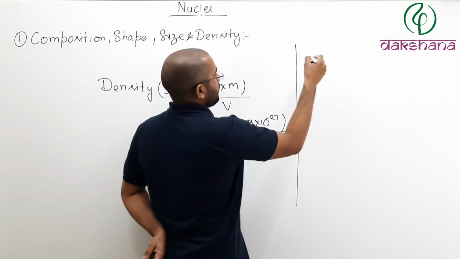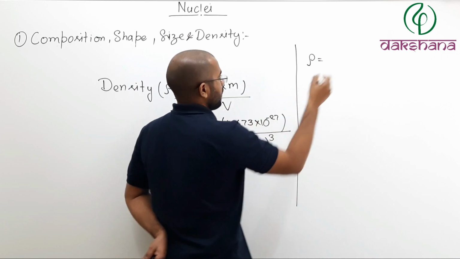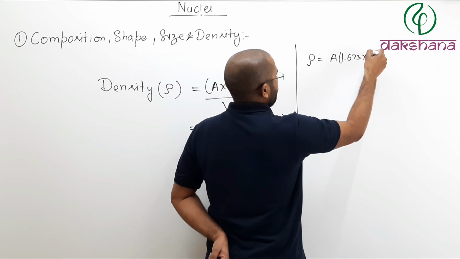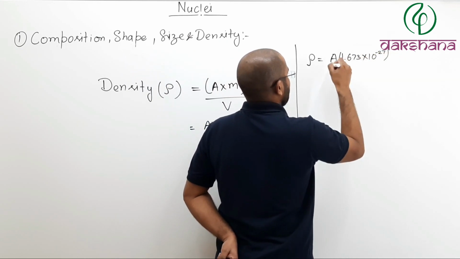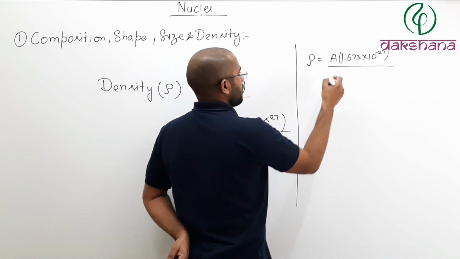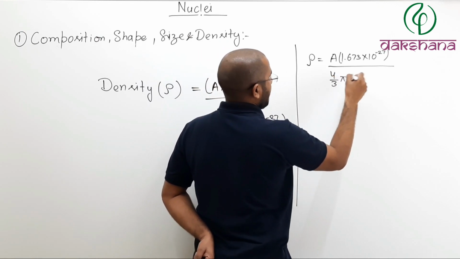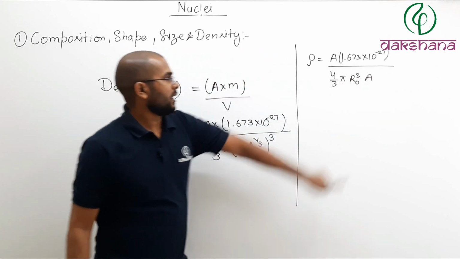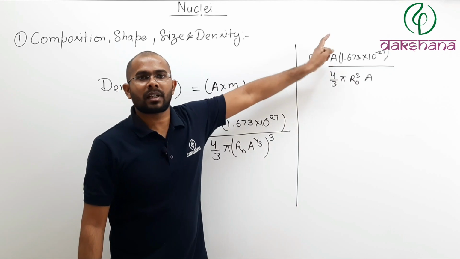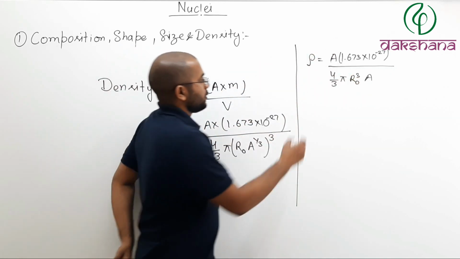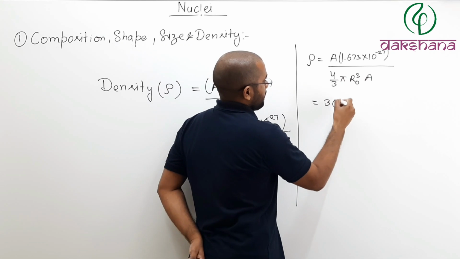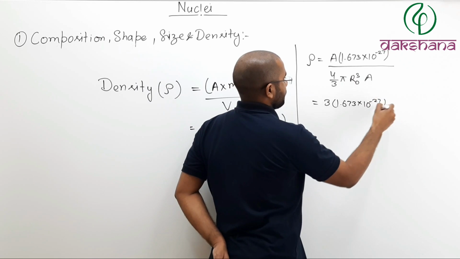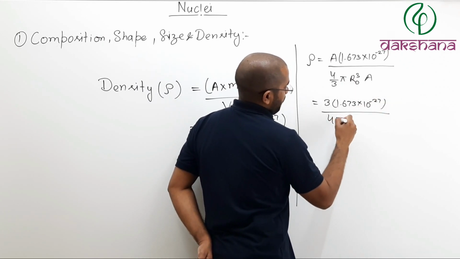So you will get here density equals mass number times 1.673 into 10 to the power minus 27 divided by 4 by 3 pi R naught cube A. Here this A and this A will cancel out, both are mass number. You will get 3 times 1.673 into 10 to the power minus 27 divided by 4 pi.